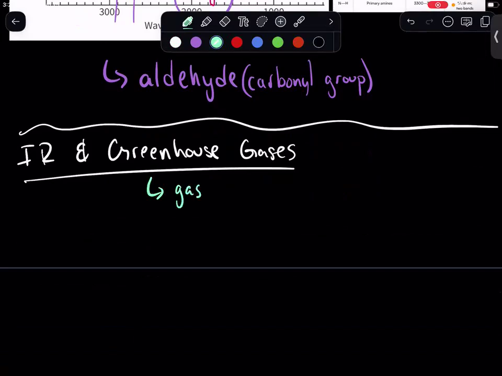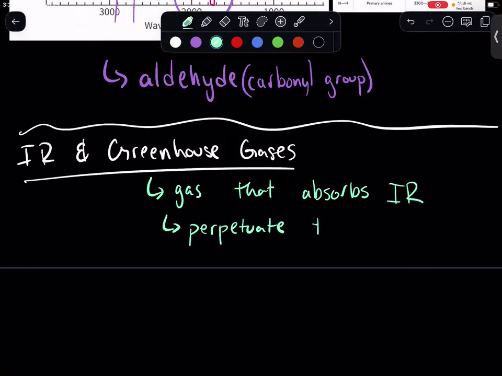But this is a gas that absorbs IR. Not only does it absorb IR, it can also re-emit it, and this is going to perpetuate the greenhouse effect of keeping more infrared radiation trapped in Earth's atmosphere, slowly heating the Earth, what we've come to call global warming and now expanded into climate change.